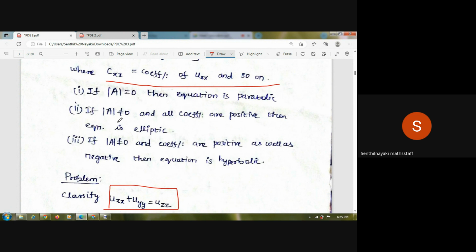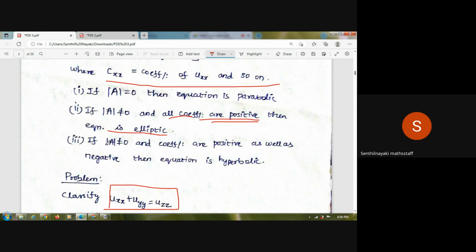Suppose the determinant is not equal to 0. The determinant not being equal to 0 means it may be positive or negative. Both cases are acceptable. So the determinant value may be positive or negative, and we have to check if all the coefficients are positive. This is very important. If all the coefficients are positive, then the given PDE is elliptic.